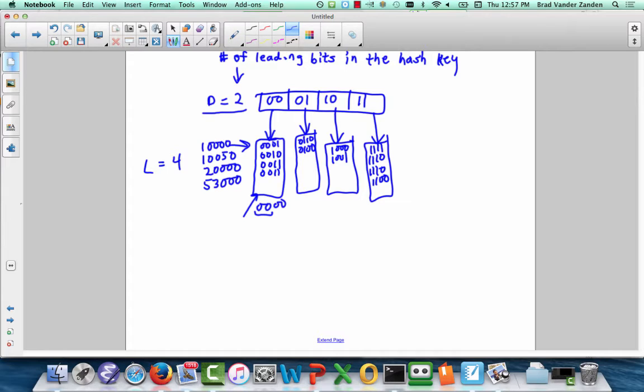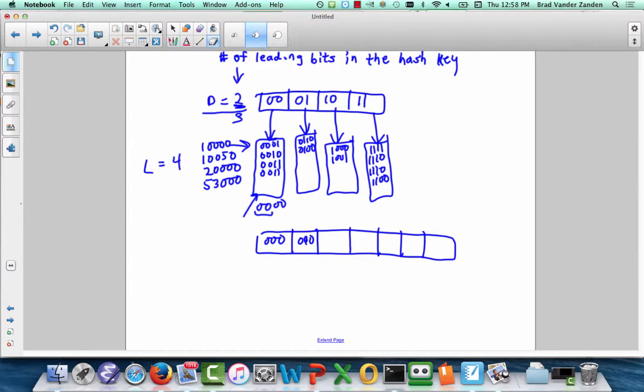In this case, we have to double the size of the directory because instead of looking at 2 bits, we now have to look at 3 bits. So we're going to have to rewrite the directory at this point. That's a disadvantage, clearly. So now we're going to be using 3 bits. Whoops, that should be 001.